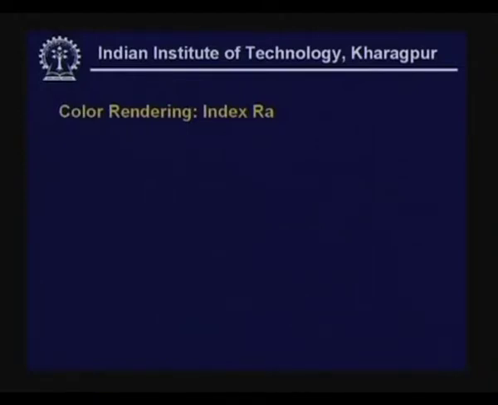The color rendering index we have been talking about: in order to look at the lamps, it becomes necessary to talk in terms of color rendering, which we said is the appearance of the object due to that radiation when compared to the standard reference conditions, which we said best would be the natural daylight conditions.